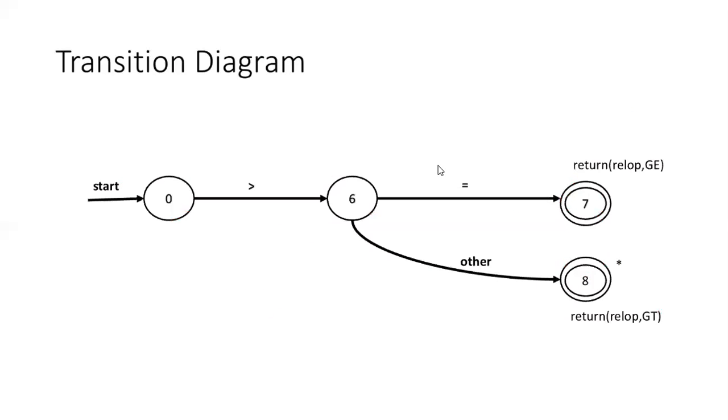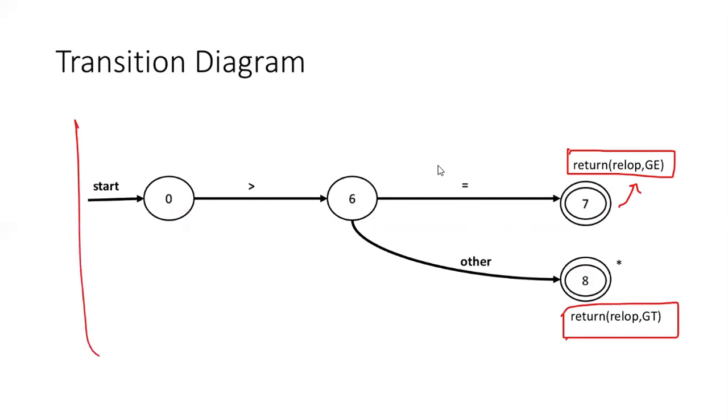Now, continuing with this, you can see we have something more here. When we reach a final state, we have something like this. You can think of this to be an output or the return value of a function.